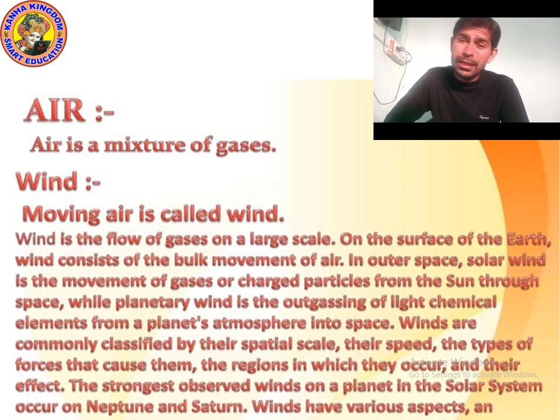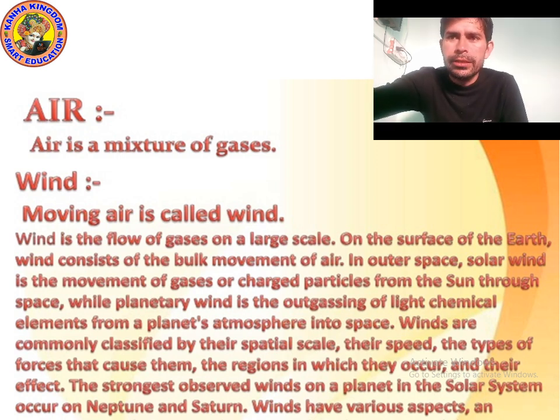Light chemical elements are actually the reason for planetary wind. I hope you understood. Now let's try to understand the features of air, or you can say the properties of air. Let's move on to the next point.